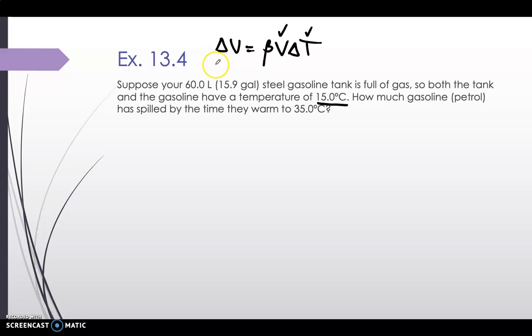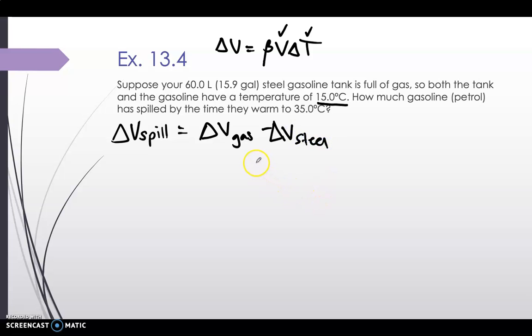And we want to know how much would get spilled when the gas expands due to the higher temperature. So if we say the volume that's spilled would equal the change in volume of the gas minus the change in volume of the steel. Okay, this is how you would set up the problem.